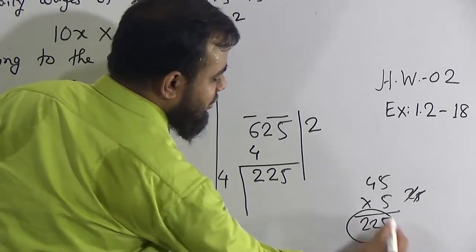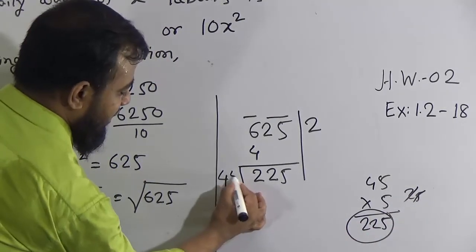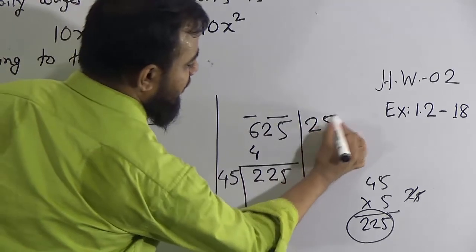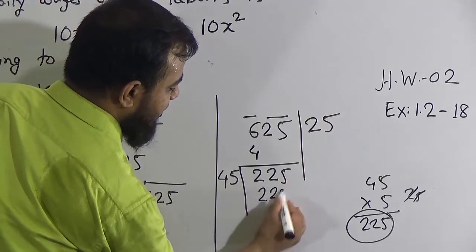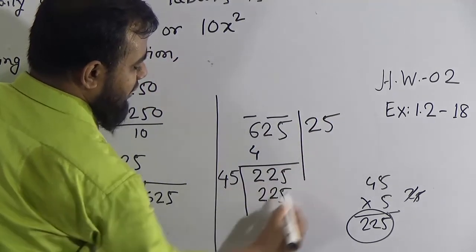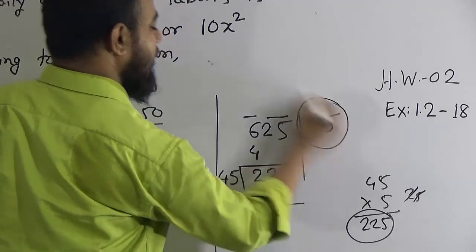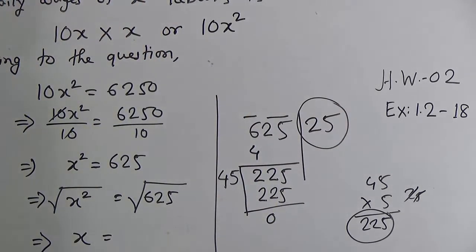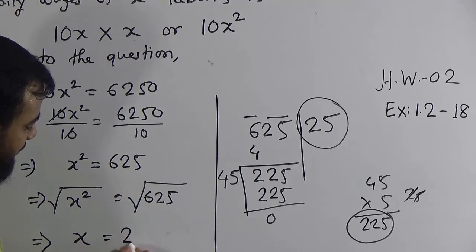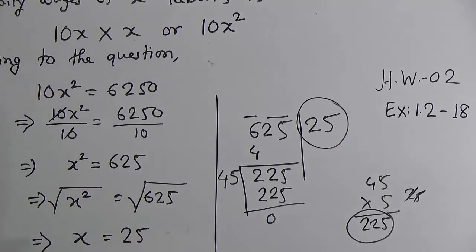So we get 225 exactly. This means 45 times 5 is 225. Subtract this, it will be 0. So the square root of 625 will be 25.